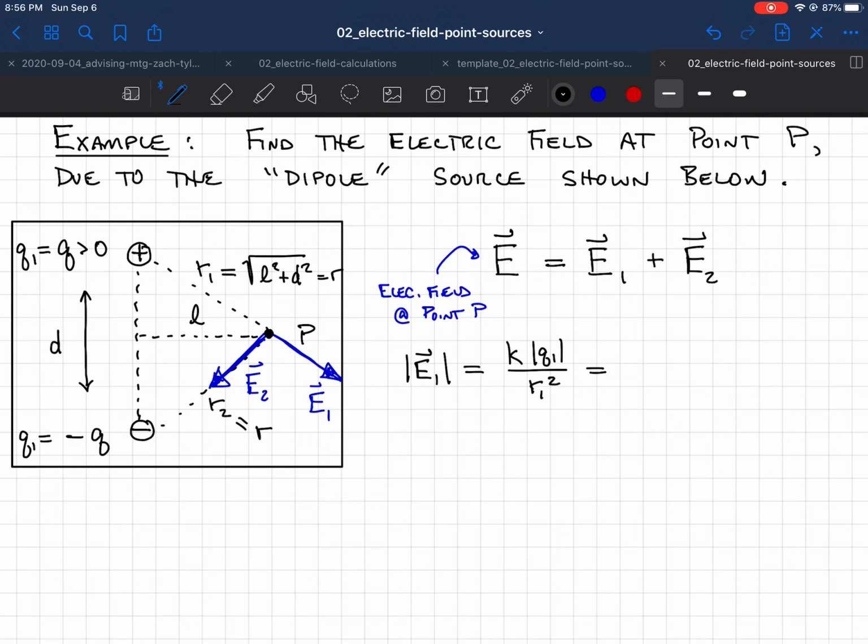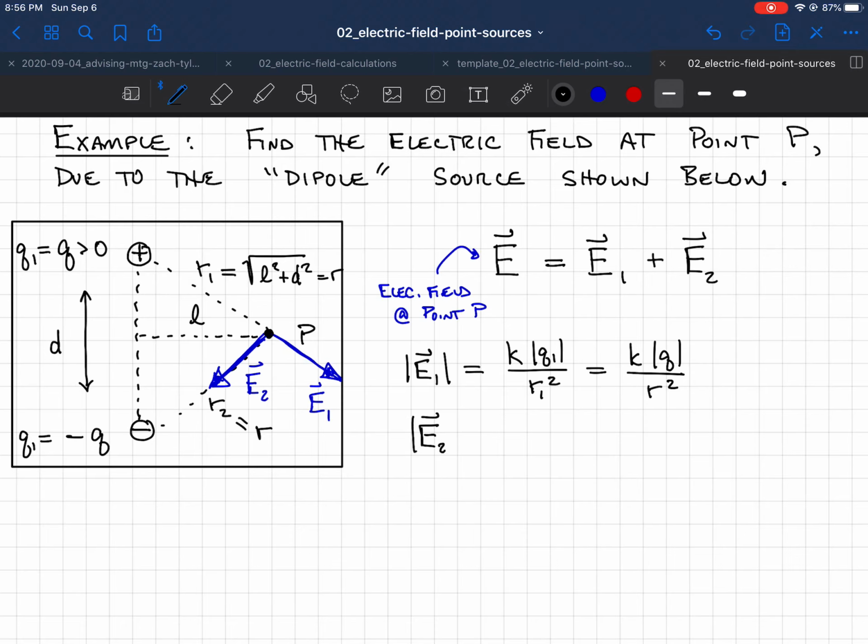Another thing we can say is that Q1 can just be called Q, because we said that Q1 is a positive charge, and Q2 is just a negative charge, and each of them has an absolute value of just Q. So this is K absolute value Q over R squared. So that's the magnitude of the first field vector.